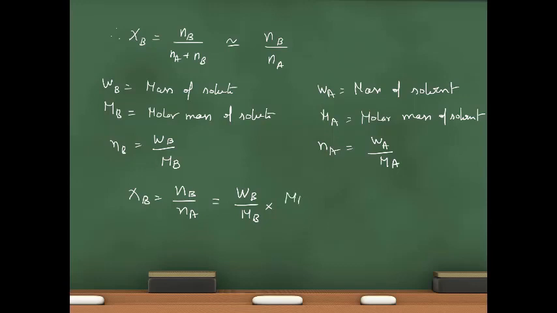Ma by Wa. Now, Xb is (P naught A minus Pa) by P naught A. So, we can write (P naught A minus Pa) by P naught A is equal to Wb into Ma divided by Mb into Wa.